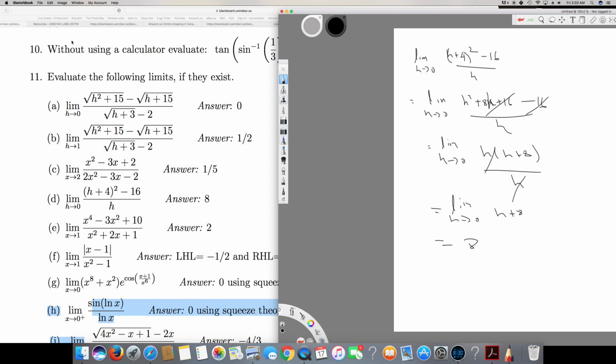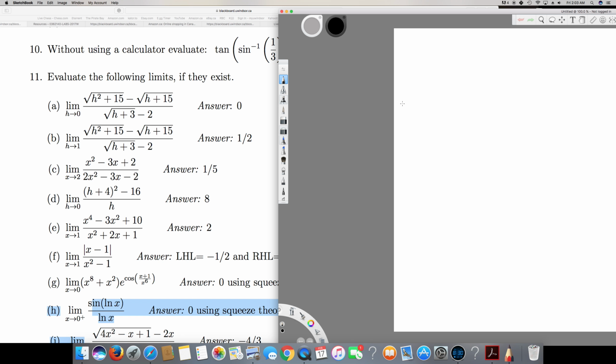And the next question is limit x approaches 1 of 3x to the power of 4 minus 3x square plus 10 over x square plus 2x plus 1.